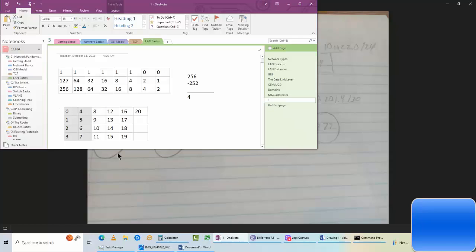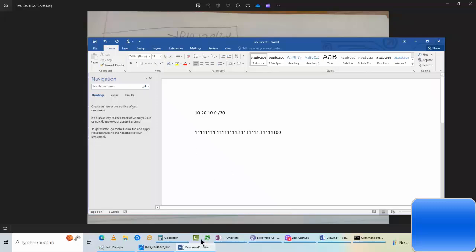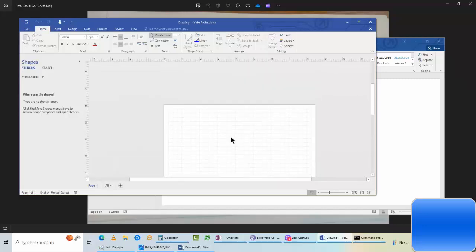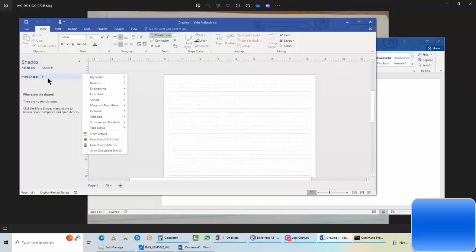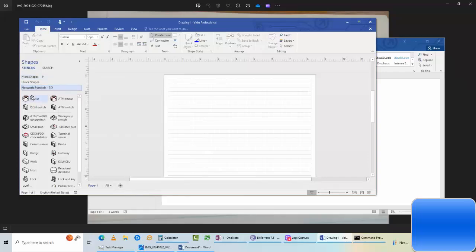All right. So now, as we build this out in Visio, we're going to take our next little router here, by finding out where our router is, network symbols 3D.